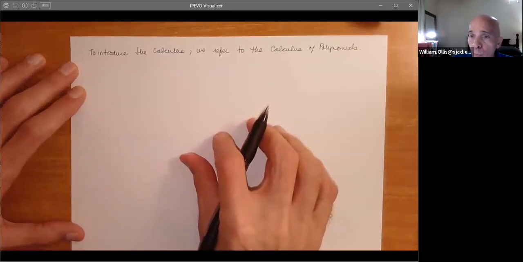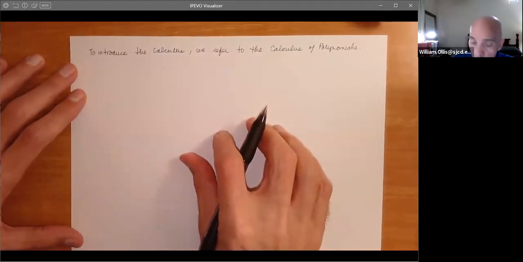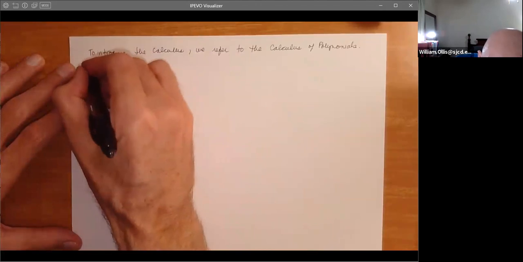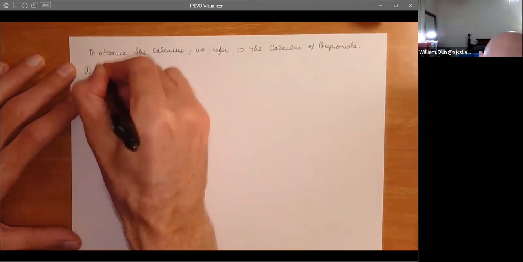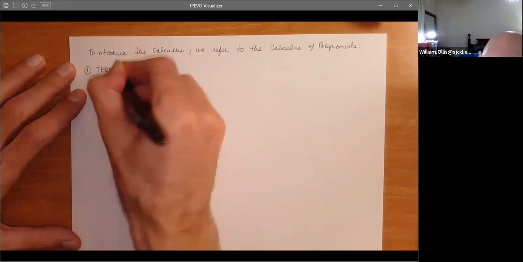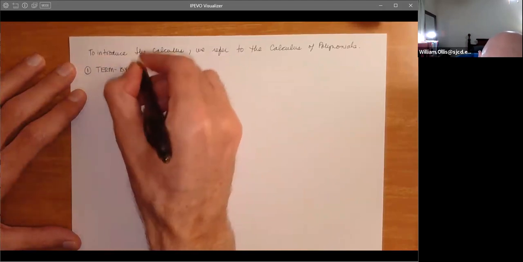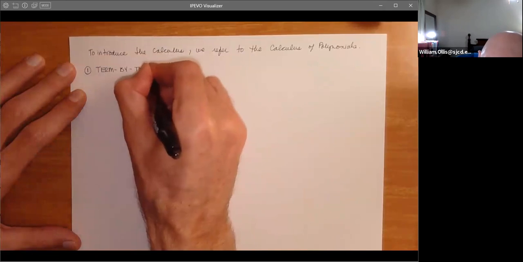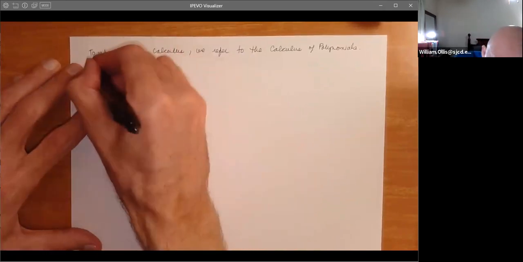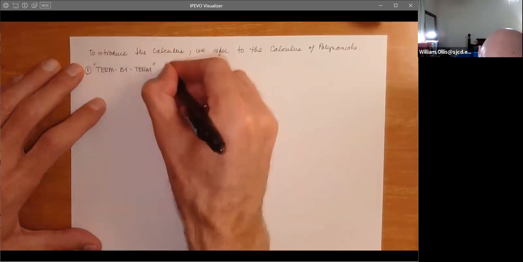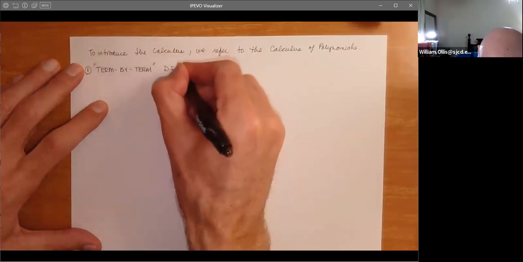We love the power rule. We live for the power rule. So again, the first one is term by term differentiation. You can just call it differentiation, but it's going to be term by term differentiation.